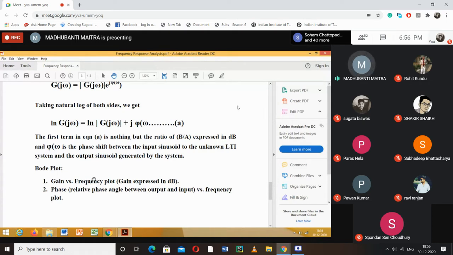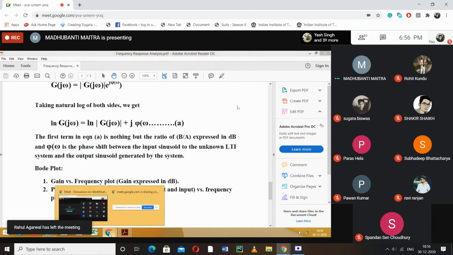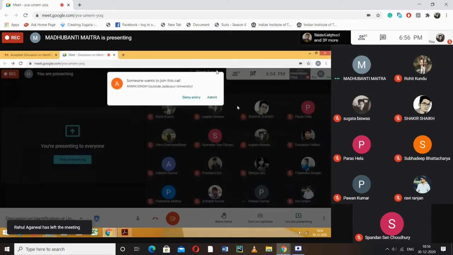Okay? That is the magnitude plot, and also this phi, so phase, relative phase angle between output and input versus frequency. And since we vary frequency over a wide range, hence in Bode plot we use semi-log graph paper, isn't it?